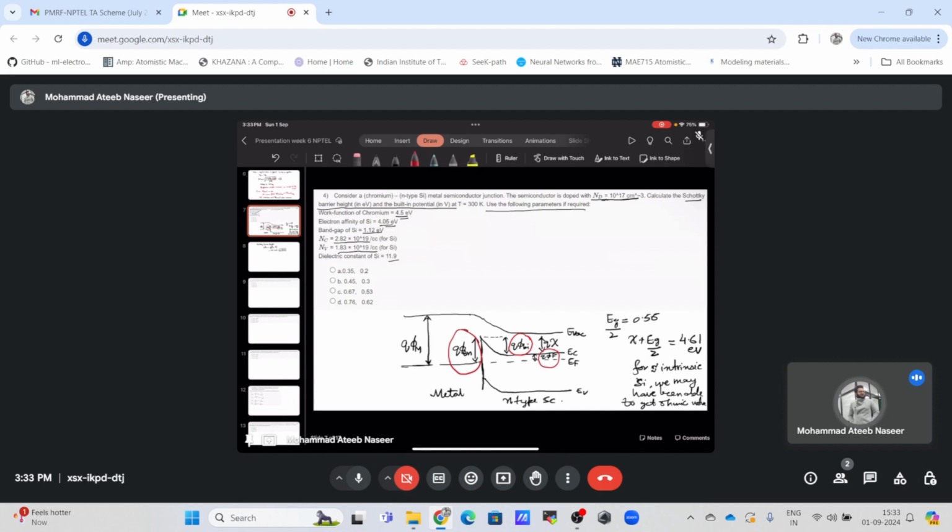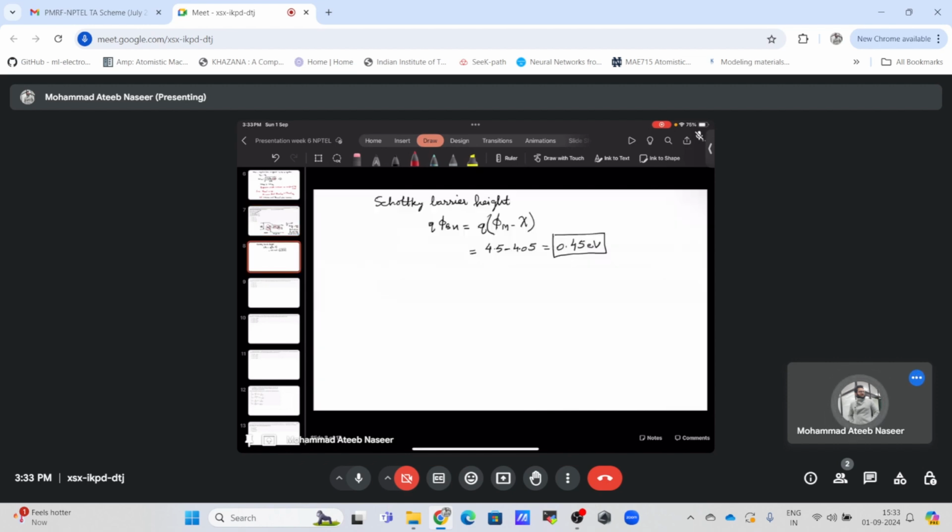So we can easily say, from energy balance, that Q phi f plus Q phi Bi, the built-in potential, is simply equal to Q phi Bn, which we found out previously.